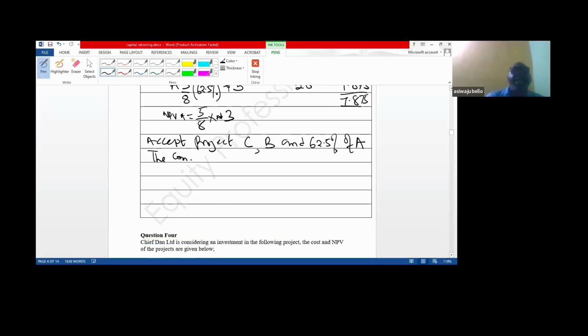The company will achieve a total NPV of 7.875 million if the project is divisible.